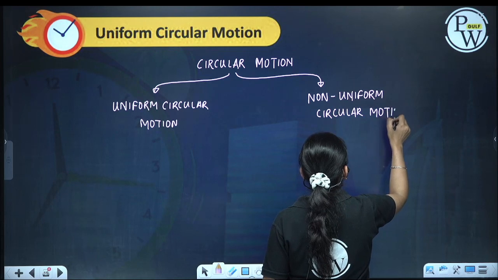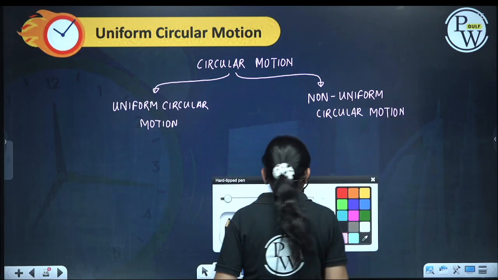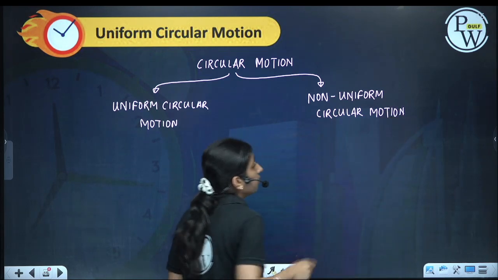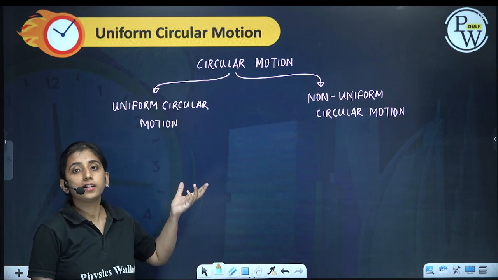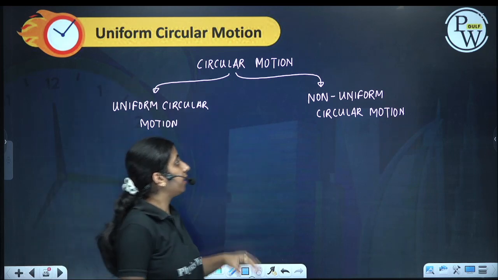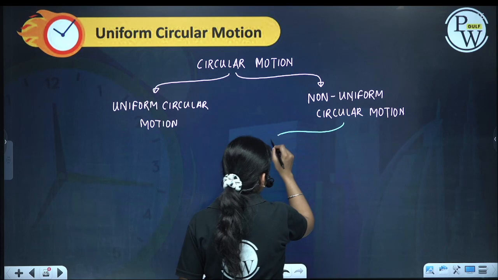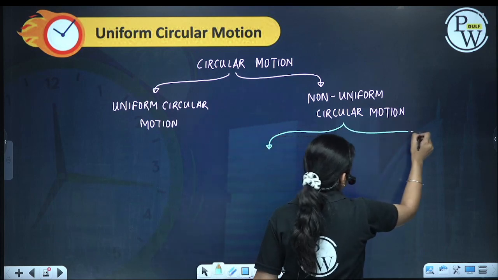If uniform, it is constant omega; if not constant, we have non-uniform circular motion.